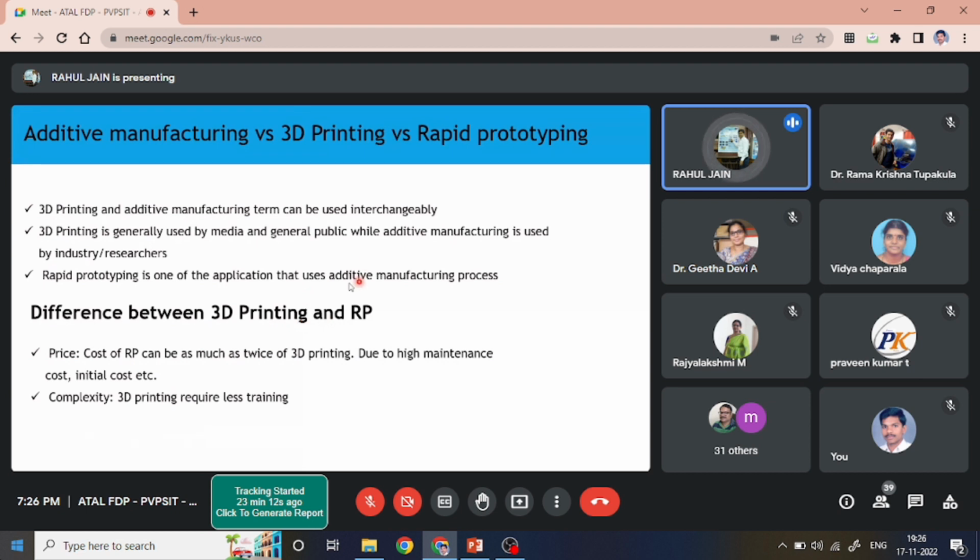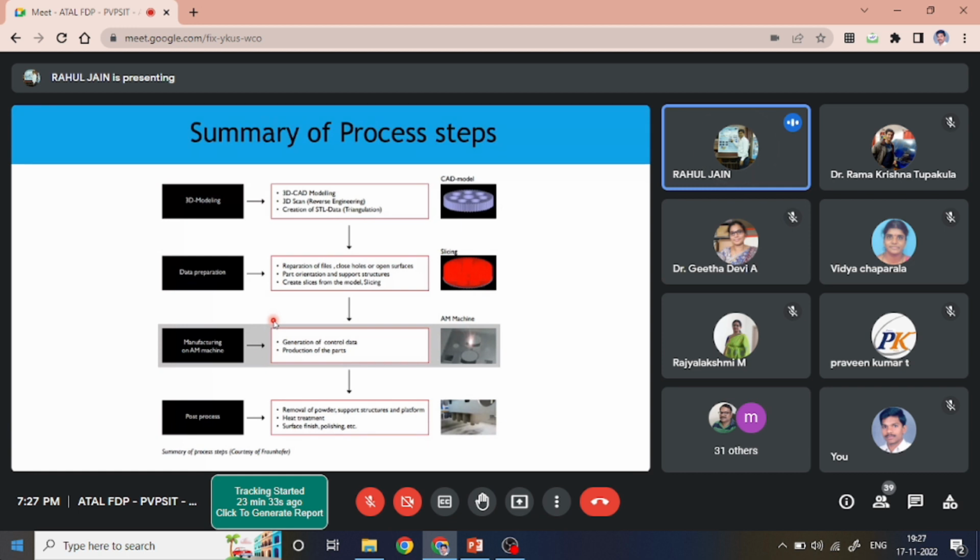So that's why nowadays rapid prototyping process is eventually getting obsolete and people are going towards this. Again, the basic mechanism of rapid prototyping is very similar to additive manufacturing process. It's just that people have advanced that particular process in order to use it, right?